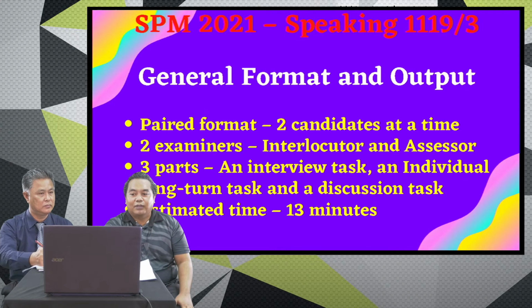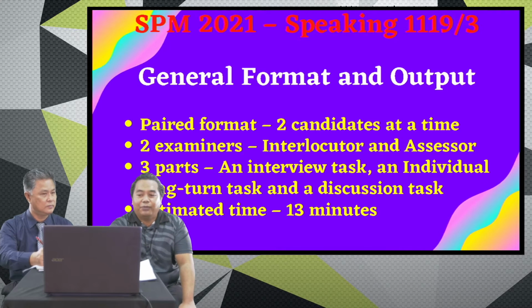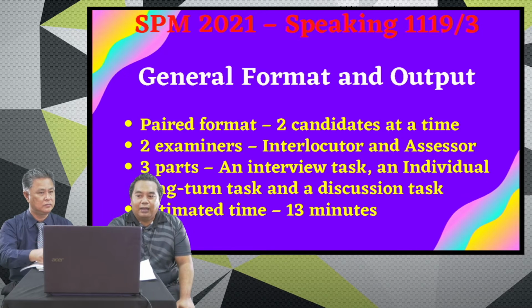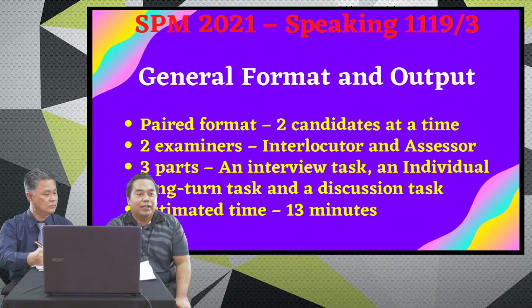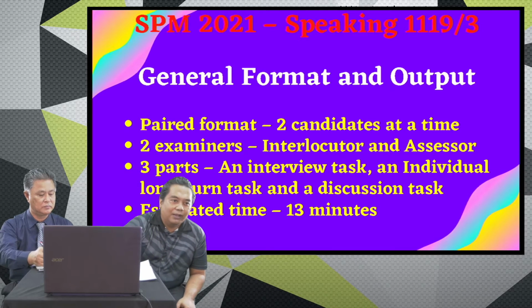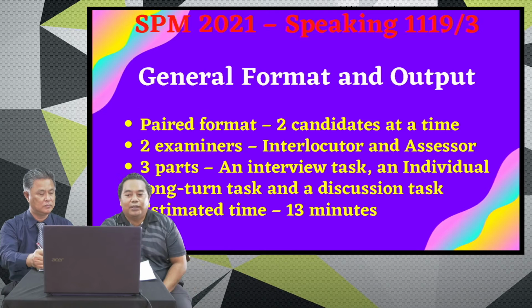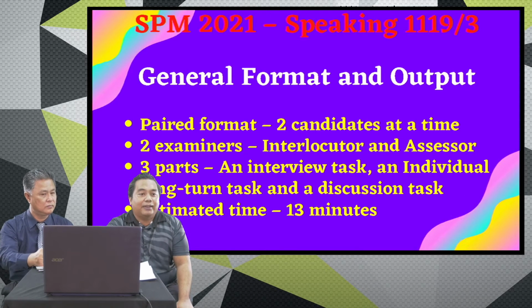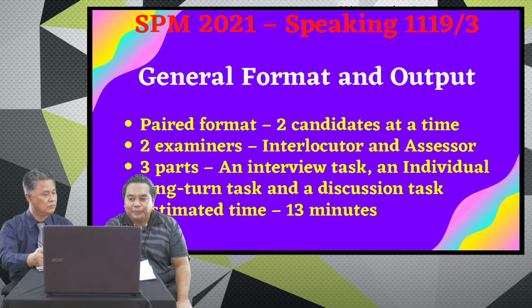And then the assessor is probably someone from another school, and he can give an unbiased mark to the student. If our own school teacher gives the mark, it may be biased, but the outside assessor will be unbiased.